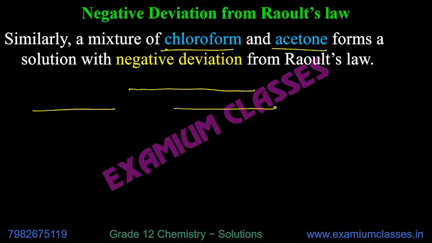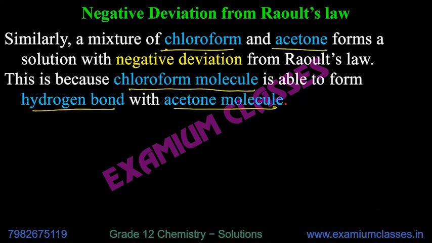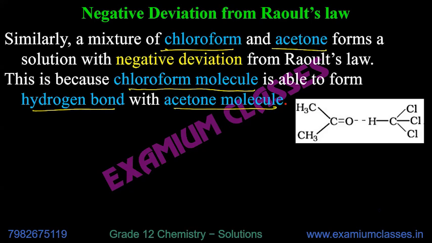In case of chloroform and acetone, it is again hydrogen bonding, but the slight difference is that here it is the extent of hydrogen bonding, means how much hydrogen bonding is taking place, instead of stronger or weaker hydrogen bonding. Earlier, there was no hydrogen bonding, but when we mix, then hydrogen of the chloroform and oxygen of the acetone start hydrogen bonding.